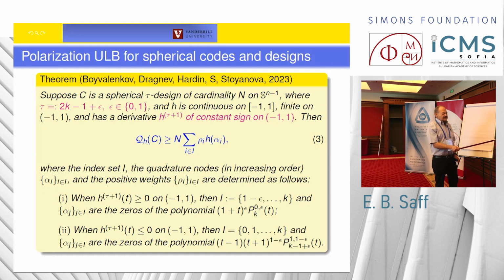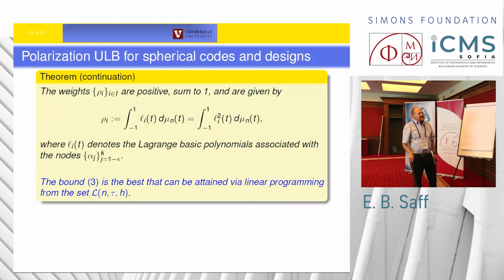If the tau plus first derivative of h is negative, not positive, then we take the zeros of the Gegenbauer polynomial where we allow points at 1 and minus 1. So depending on whether this constant sign is positive or negative, that will affect our quadrature points in this lower bound. All right. So the weights, how are they determined?